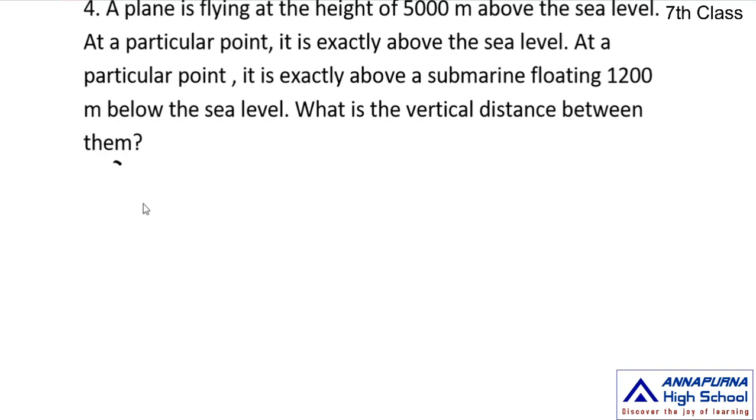What was the vertical distance between them? Here, it is very clear that above sea level is represented by a positive integer and below sea level by a negative integer. He is asking what is the vertical distance between them, between plane and submarine.